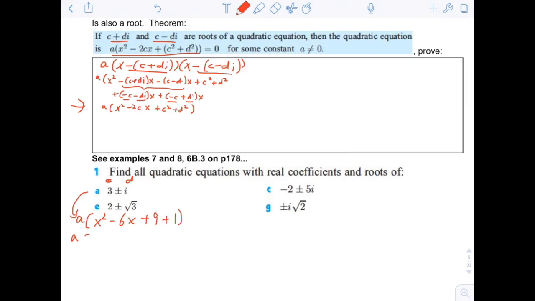So that would be a x squared minus 6x plus 10.